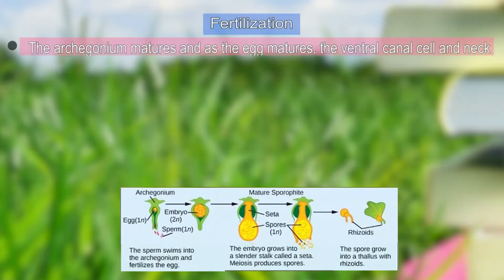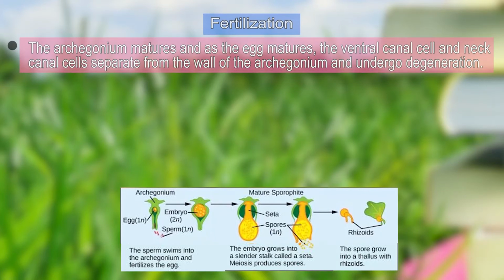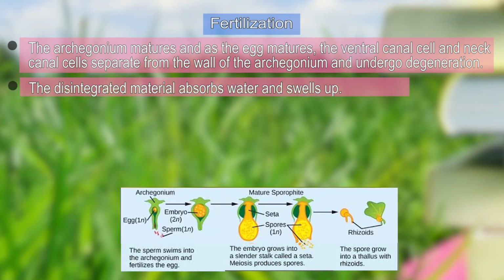During fertilization, as the archegonium matures and the egg matures, the ventral canal cell and the neck canal cells separate from the wall of the archegonium and undergo degeneration. The disintegrated material absorbs water and swells up.